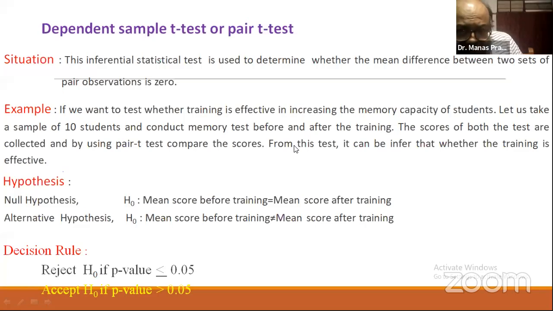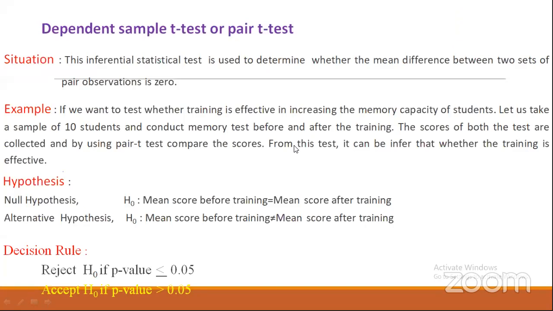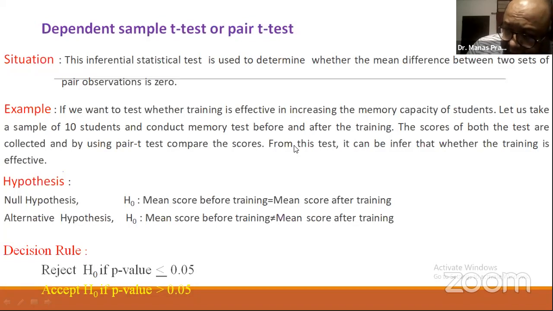If the means of both the groups are the same, the training program does not have any influence on increasing the memory of the people. Okay, students, if you are getting my point, if the means before training and after training are the same, that means after training the scores are not increasing, so the training does not help the students to increase the memory. That's why it is called a dependent sample test.